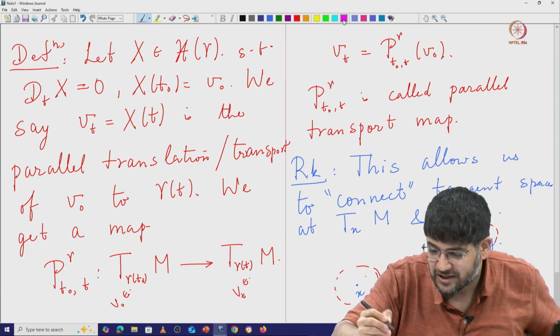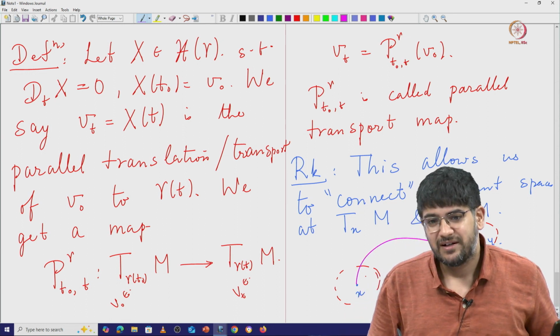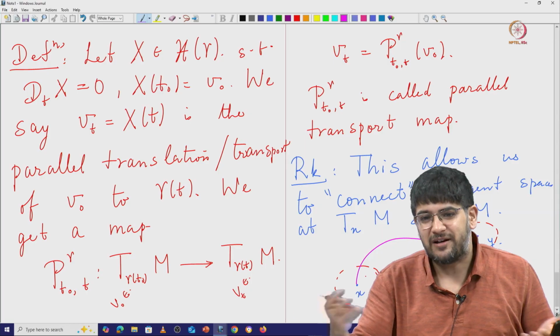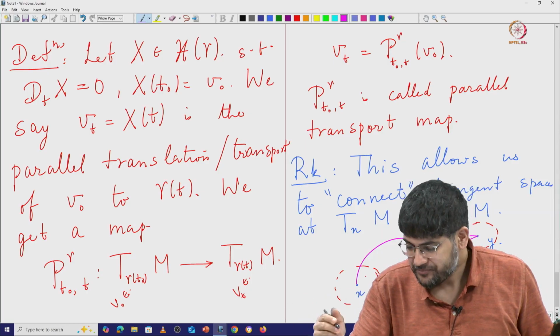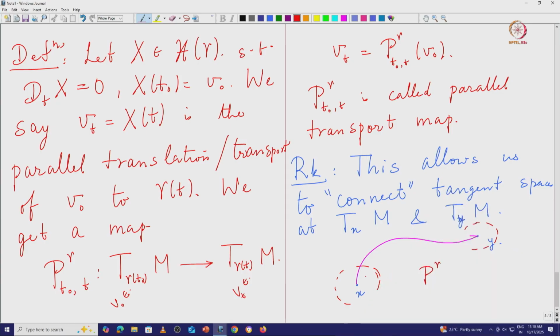But now parallel transport provides you a way, because you connect this by a path and just use the parallel transport map. So of course this depends on gamma, but at least you have a way of connecting the tangent spaces at these 2 points.